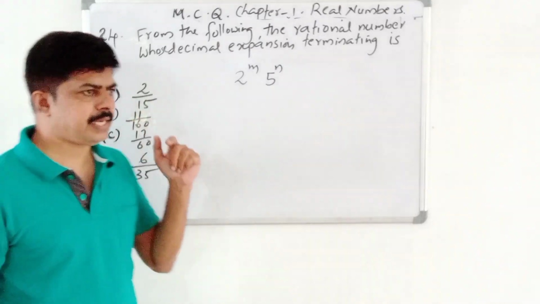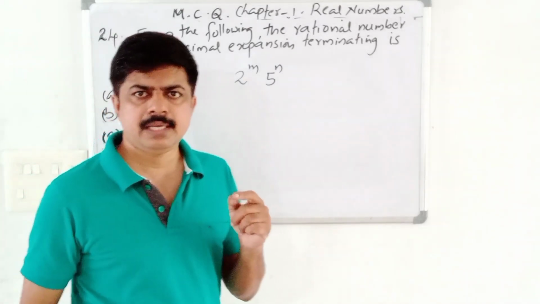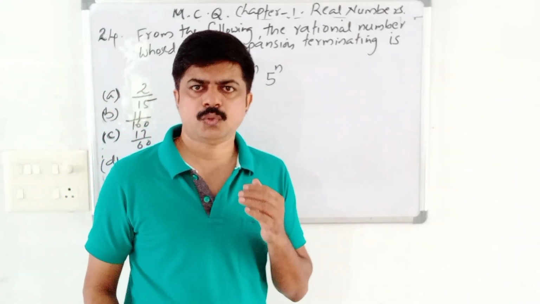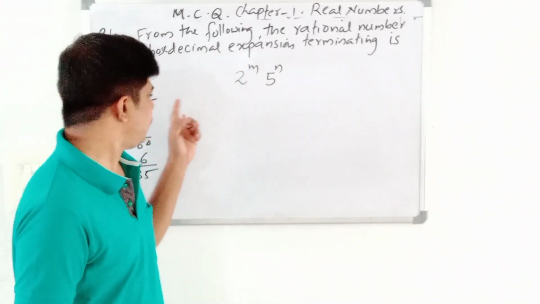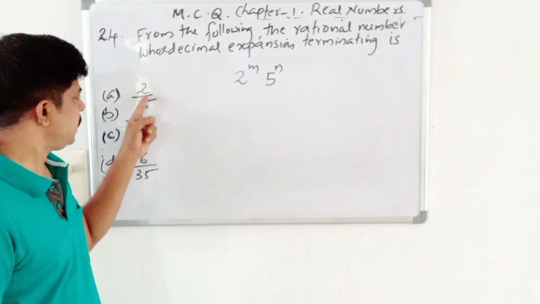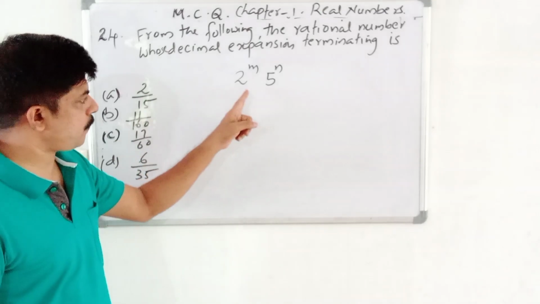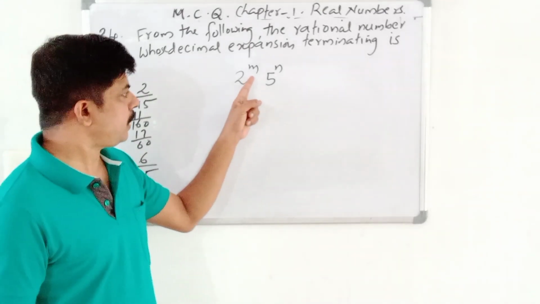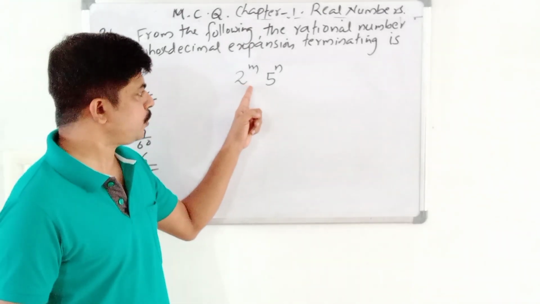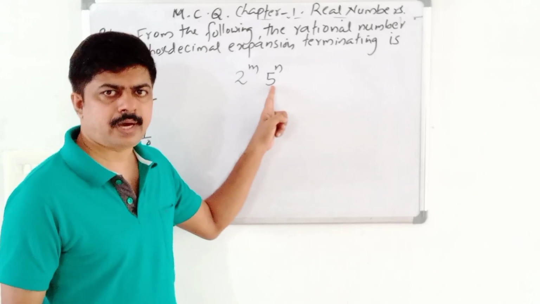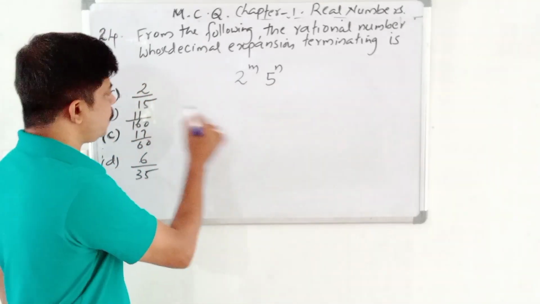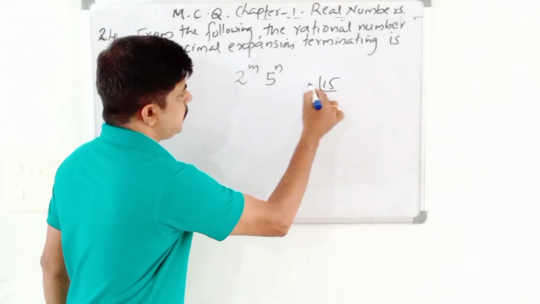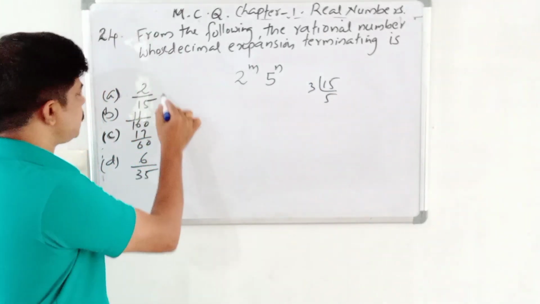Q means the denominator. When we factorize this denominator, it must be factors of 2 or factors of 5. Here, what is q? 15. When you factorize 15, we get 3. Therefore, this is not a terminating decimal.